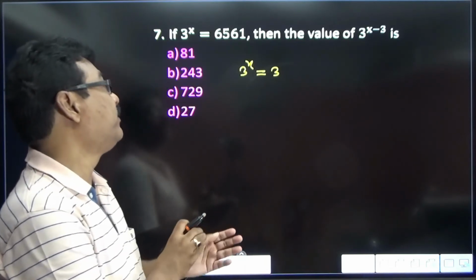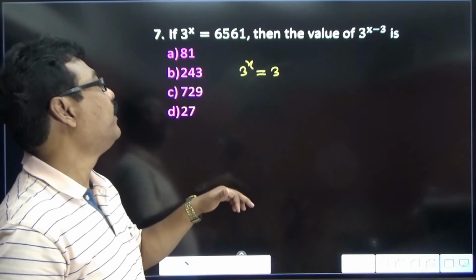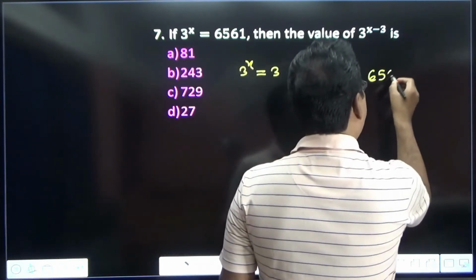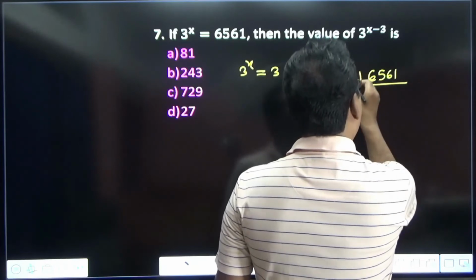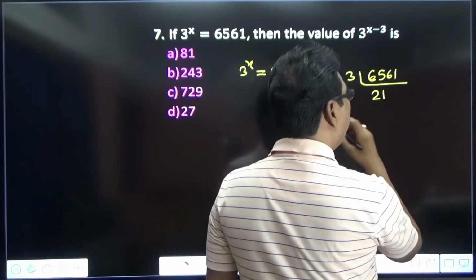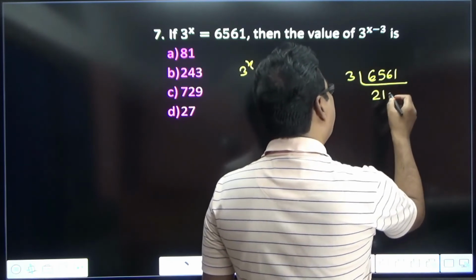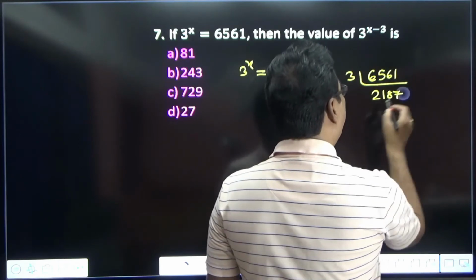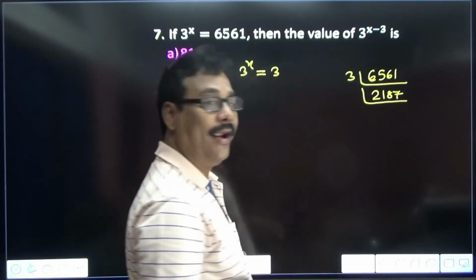Let us find that. 6561, if I divide it by 3, what am I going to get? This will be 2, 1, 8, 7.